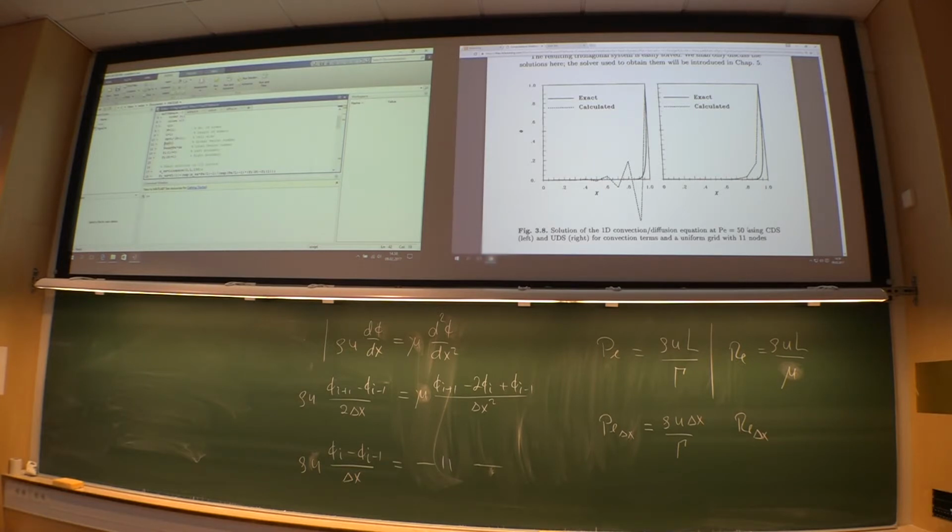So here you specify the Peclet number, and here you then get the local Peclet number by just multiplying with delta x. That's the whole thing. Setting the boundaries 0 and 1.